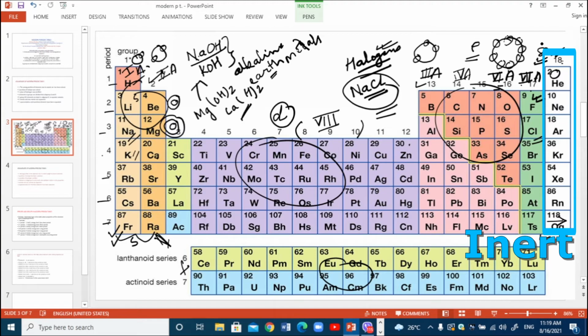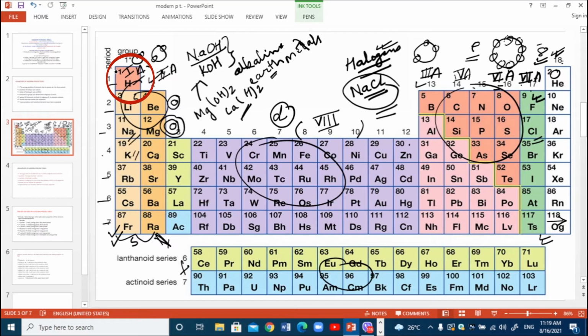Next is the position of hydrogen. Hydrogen can be kept in group 1A as well as in 7A. It can be kept in 1A because it loses one electron, just like lithium, sodium, and potassium, and becomes H plus. At the same time it can gain one electron, just like chlorine and fluorine, and become H minus.